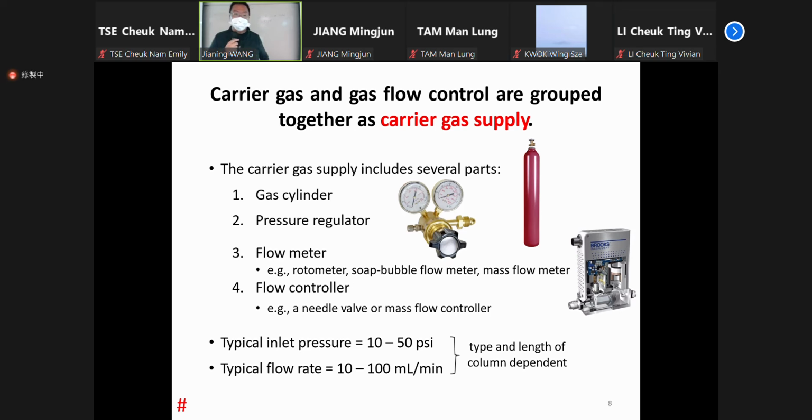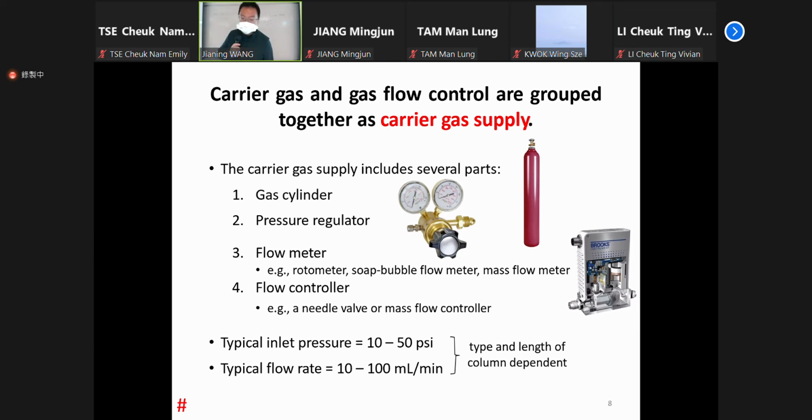We have the gas cylinder to store the high pressure gas inside, and we have the pressure regulator to control the flow rate, the first stage of the flow rate.